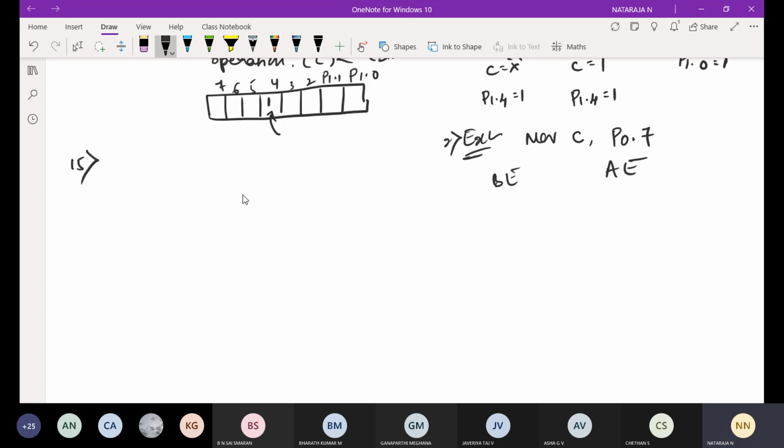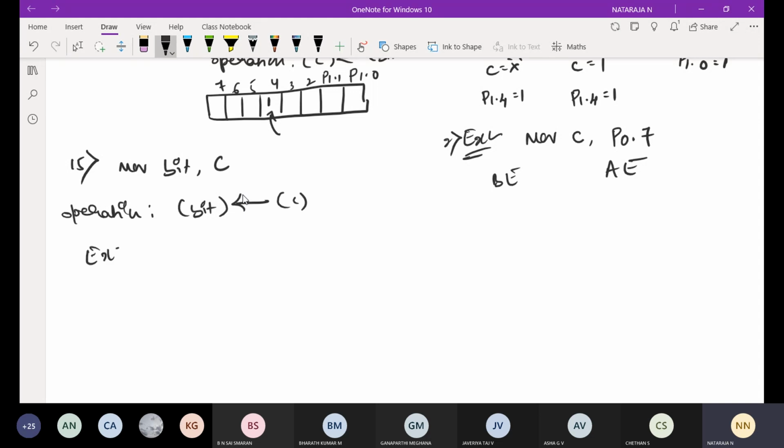Take the next instruction: MOV bit, comma C. Operation: the bit will be copied with the carry flag.